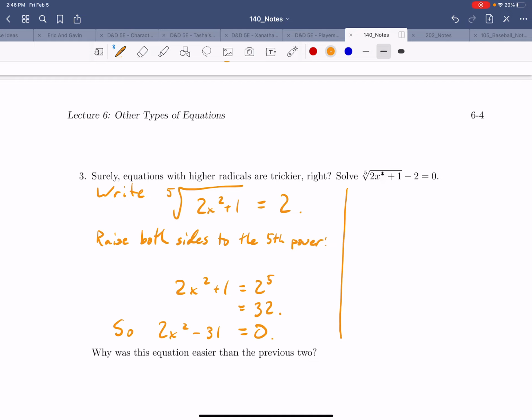we do have a difference of squares. So we have the square root of 2x minus the square root of 31 times the square root of 2x plus the square root of 31. So we know that that is going to equal 0.